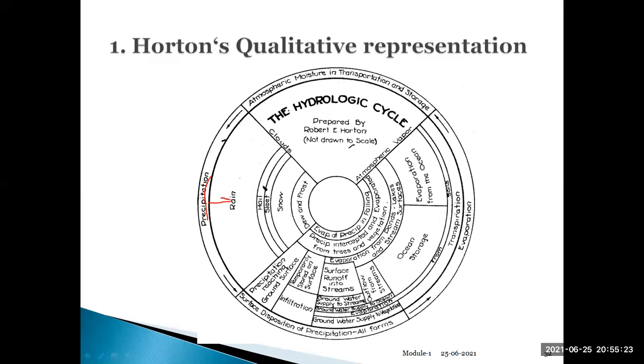Precipitation has different forms like rain, hail, sleet, snow, dew, and frost. Once the precipitation occurs, some of it will be a surface deposition, that is, it will reach the ground surface.